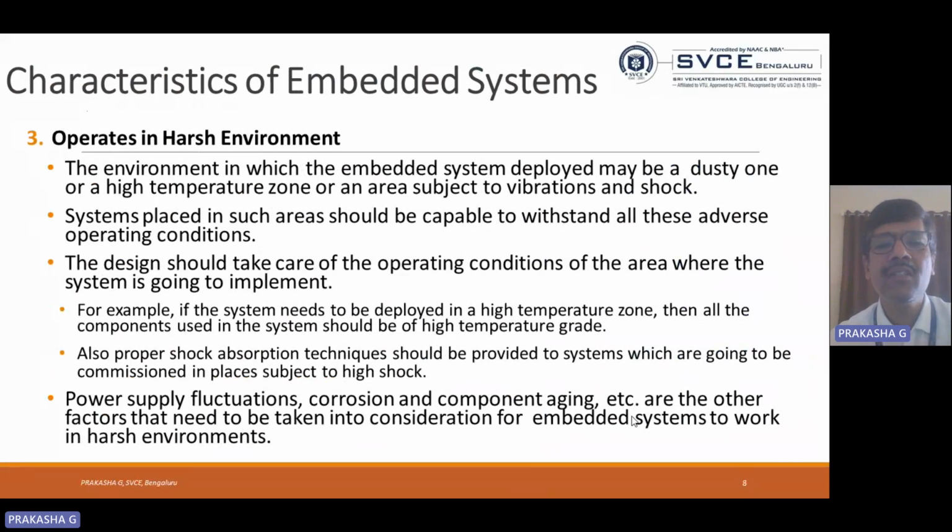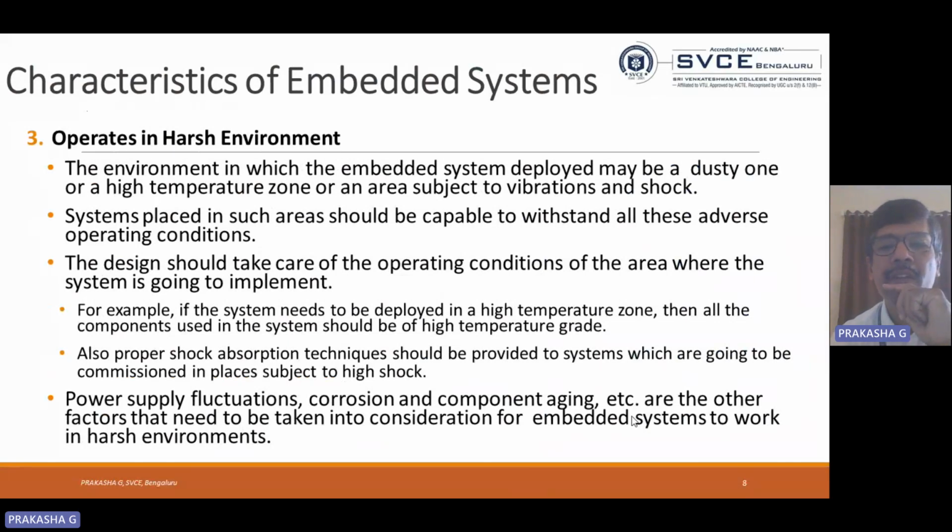Systems placed in such areas should be capable of withstanding all these adverse operating conditions. Temperature may vary widely; it may go down and it may go up also. So your embedded system should work in both severe conditions. The design should take care of the operating conditions of the area where the system is going to be implemented.